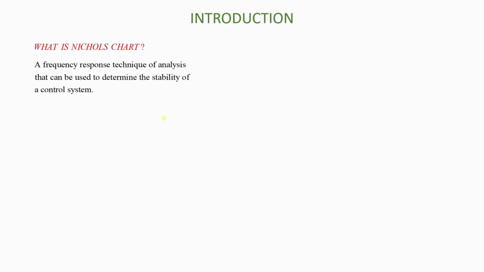So first, what is Nichols chart? Basically, it is also a frequency response technique of analysis that can enable us to determine the stability of a control system. So basically, what is happening is that we are trying to achieve the same thing that we achieved with Bode diagrams, but this time using Nichols chart.